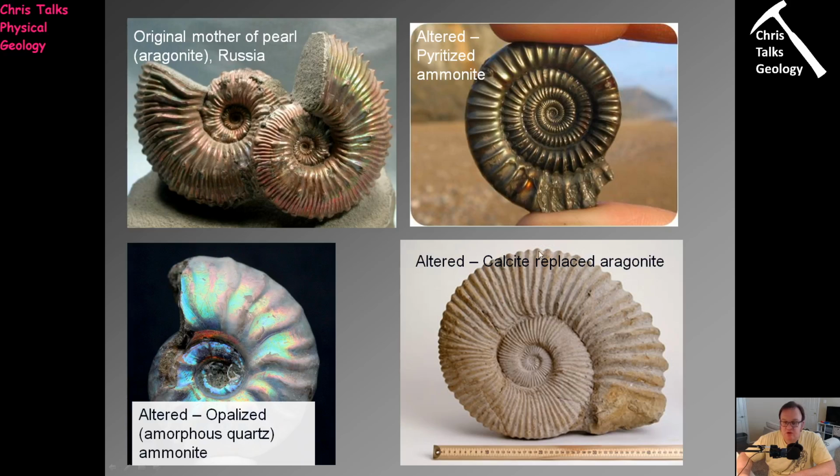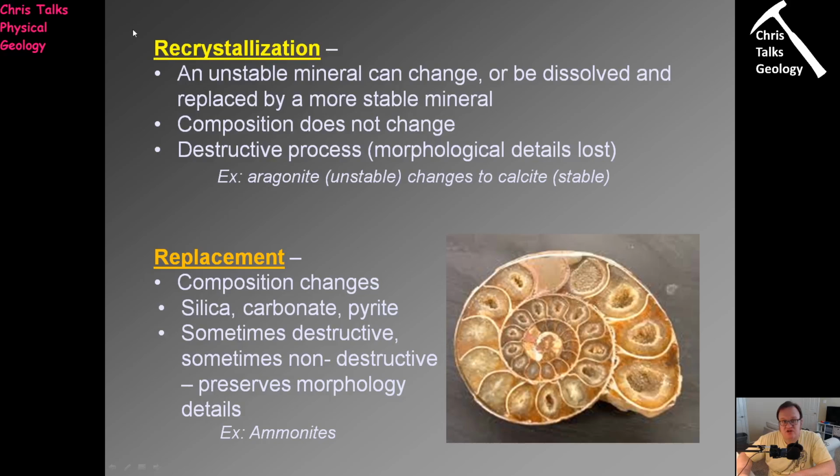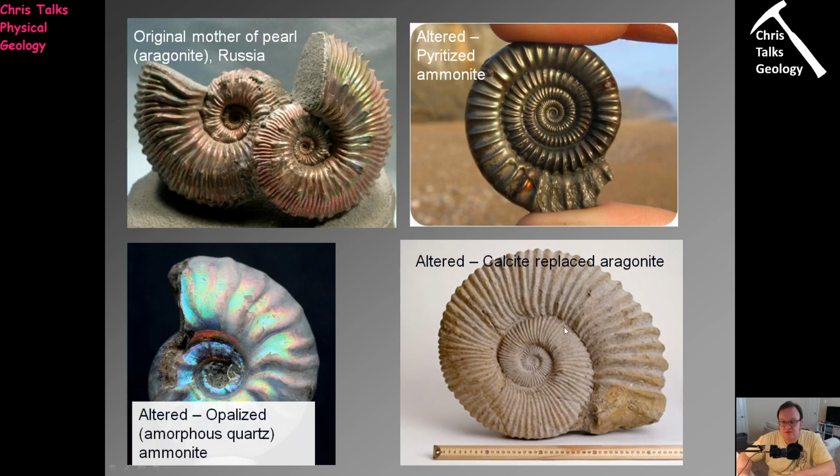In this instance, though, we have a fossil that's undergone recrystallization. In this case, the original mother of pearl, the aragonite, has been replaced by calcite. Aragonite is calcium carbonate, calcite is calcium carbonate. So what's happened is essentially you've lost the beautiful sheen which you had with the original fossil, and instead what you have now is a kind of dull, rather earthy looking fossil.